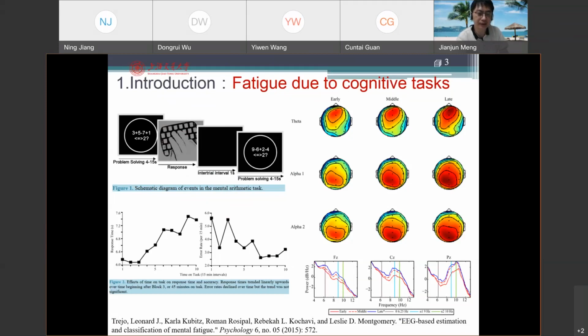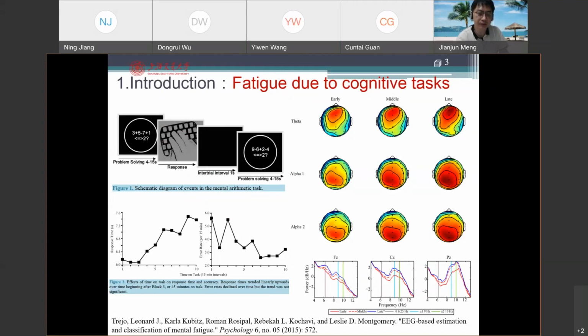passed. After analyzing the behavior data, they found the subjects' response time increased across the task period, and they didn't find any significant error rate change.